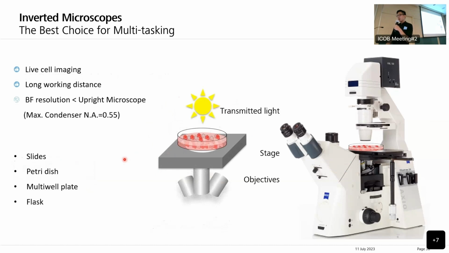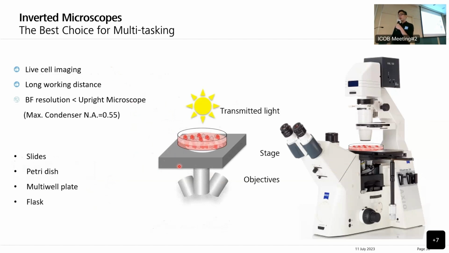And we can see there are some benefits for the inverted microscope. We can do live cell imaging, because we can just put our petri dish or our flask, or multi-wells, any kind of container, on the stage.